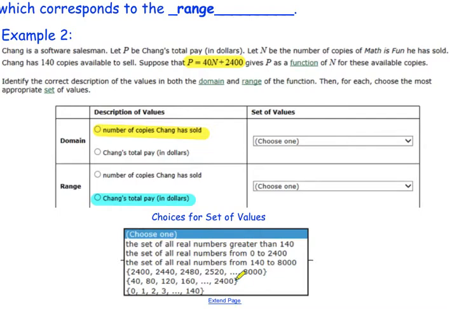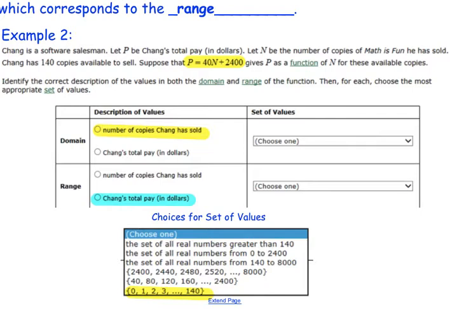Again, it's important to keep in mind that he only has 140 copies to sell. This last one starts at 0, so that would mean that Chang sells nothing, and it goes up to 140, and it counts by ones. So this would be our correct choice for representation of the domain, the number of copies he can sell. He can sell anything from 0 up to 140. At 140, he's sold out, in increments of 1.